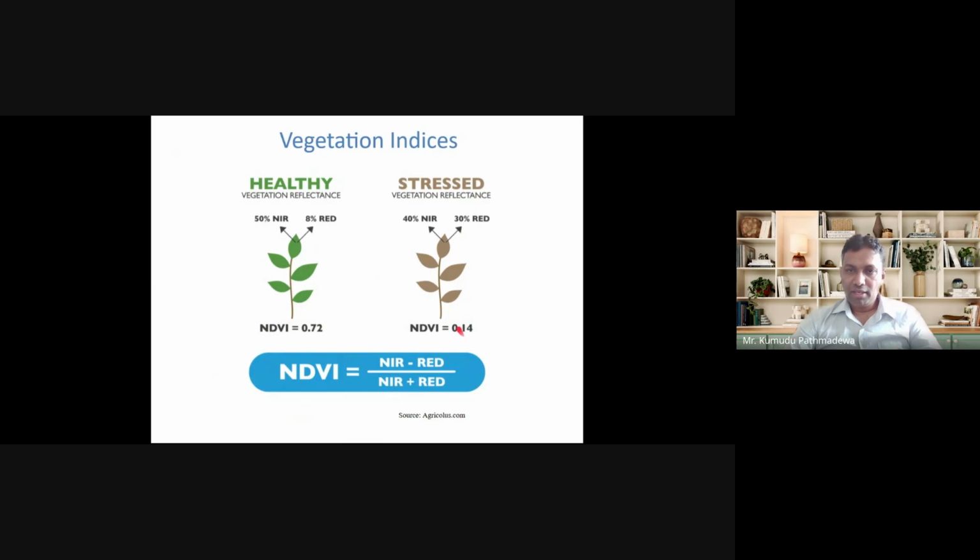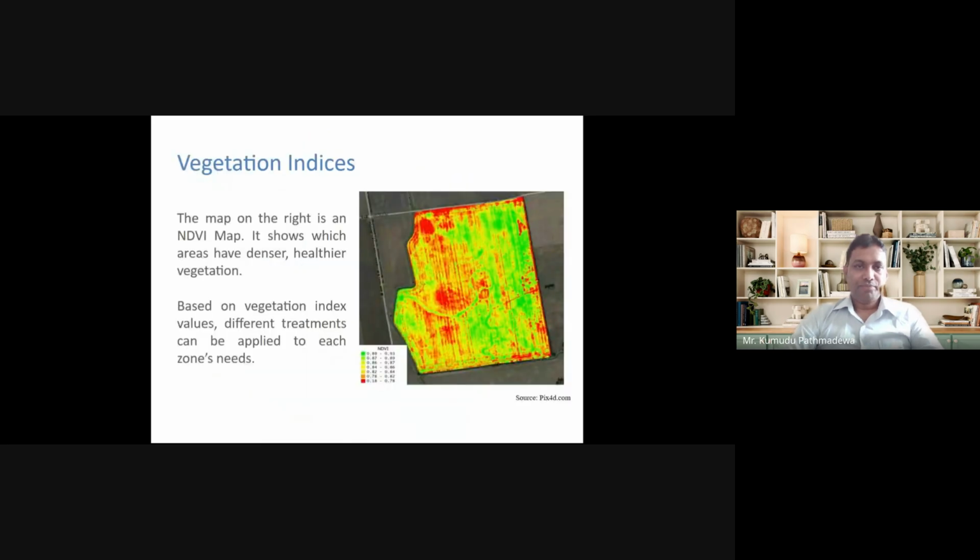If this NDVI is 0, then what is the meaning? It means most probably it is not vegetation, it may be bare soil or just ground. So you can see this is a vegetation index.